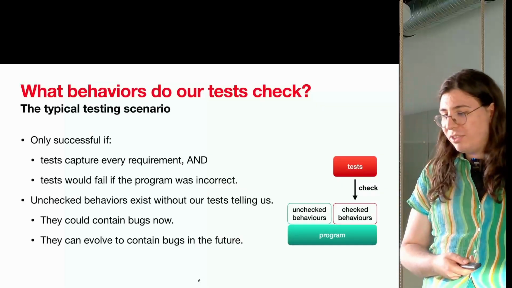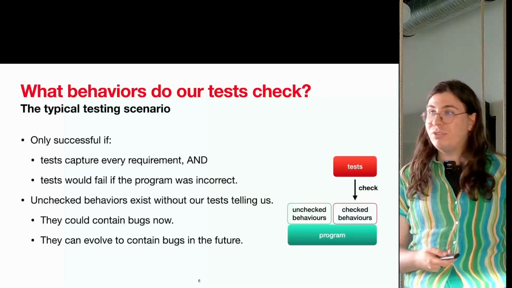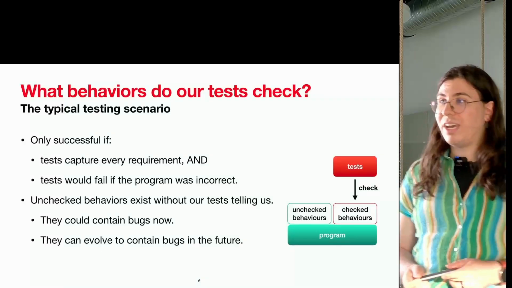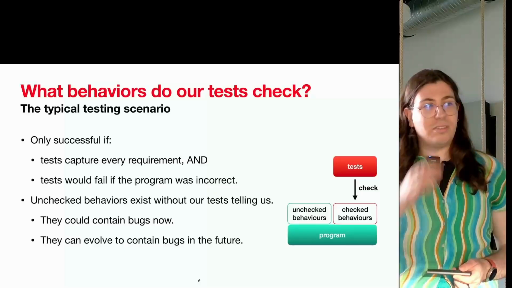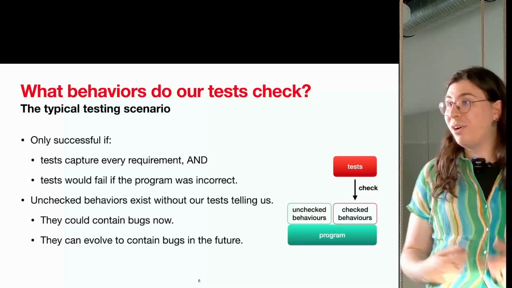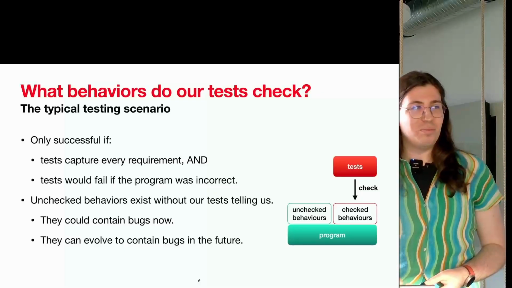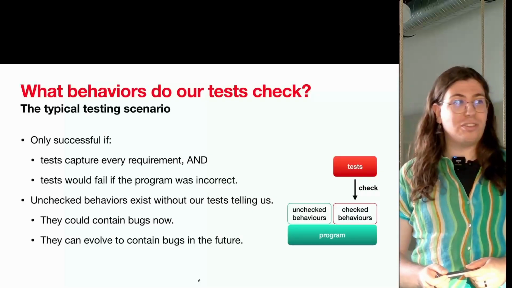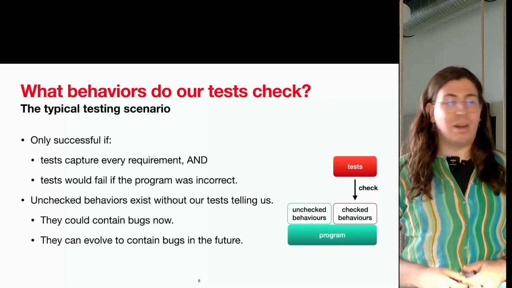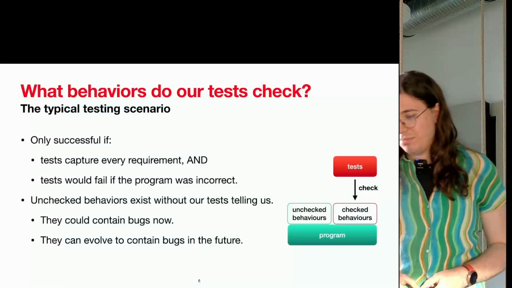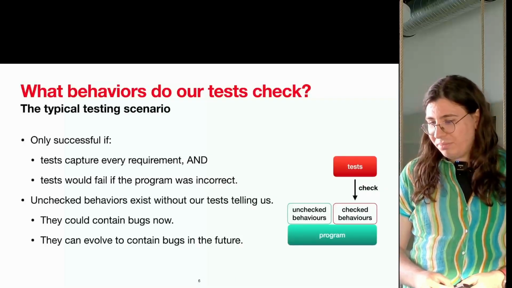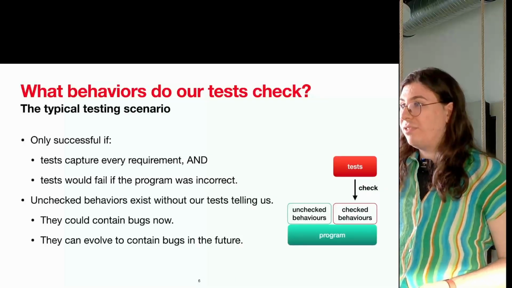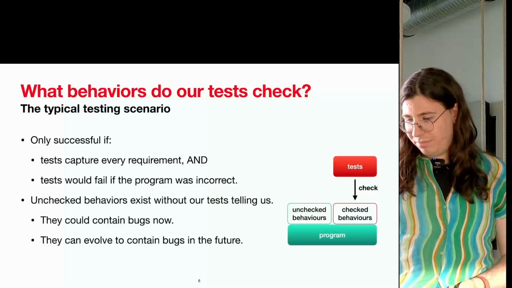And for testing to really be successful, you need two things. You, of course, need to capture the requirements, what you want the system to do, and hopefully you know that in great detail. But in addition to that, the tests also have to fail if the program happens to be incorrect. This is ultimately what gives tests their strength.